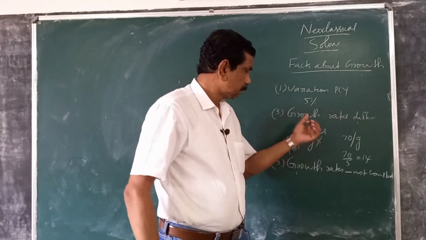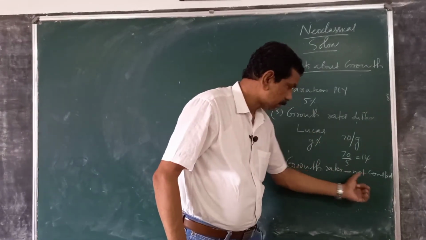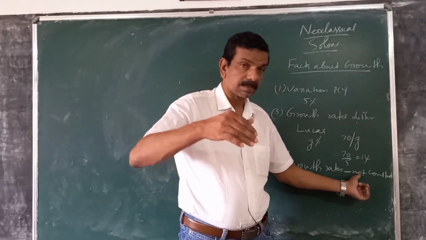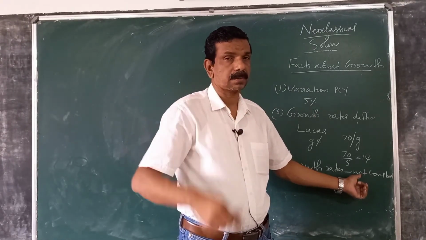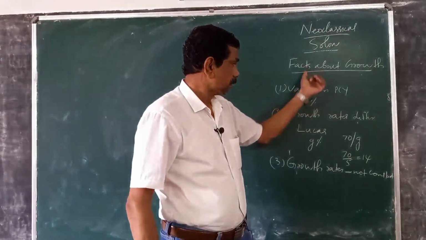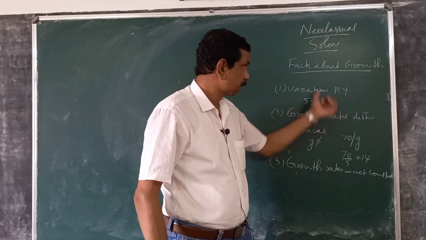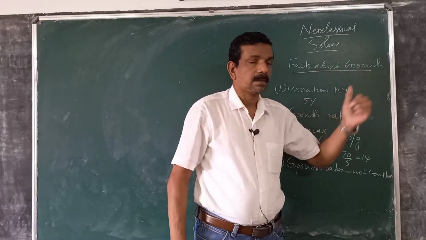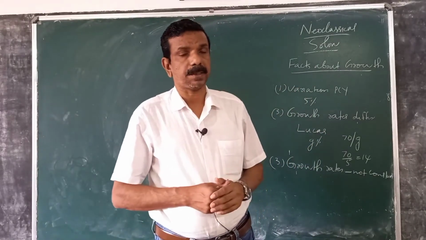So the third empirical observation is growth rates vary substantially over time. And this is the third empirical fact which a growth theory is supposed to explain.